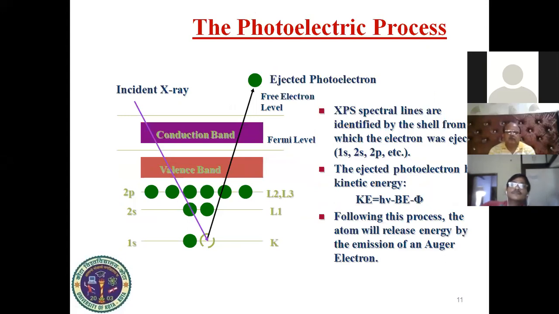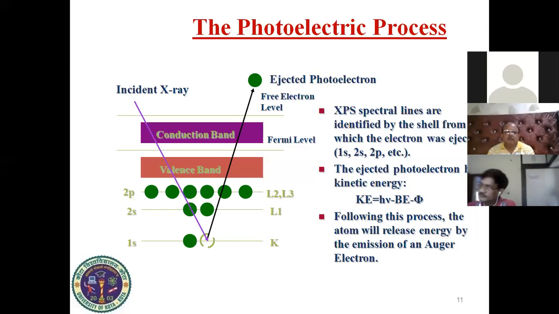Now I am going to discuss the photoelectric process. When an X-ray photon is incident on the material, it can emit photoelectrons from the surface of the material. The ejected photoelectrons are collected by the detector to generate the XPS spectrum. So it is quite a simple technique which uses the photoelectrons generated because of the photoelectric process.